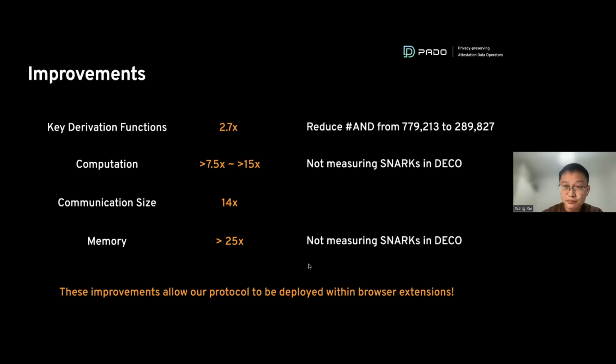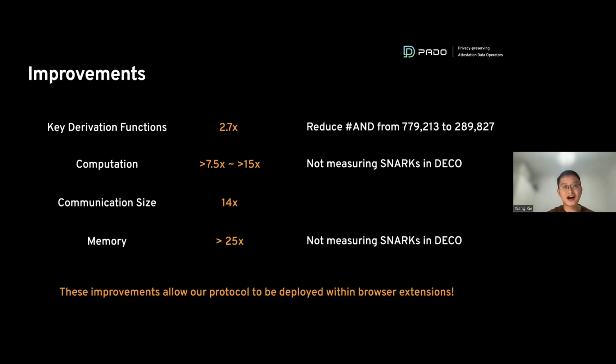But we do not implement the SNOC part of DACO because it's very complicated. Then we compare our whole protocol with the MPC part of DACO, and we still have about 10 times faster. So I just wanted to confirm that these numbers take into account the proving time of your protocol, but not the one of DACO. Yes. Great. Thanks a lot.